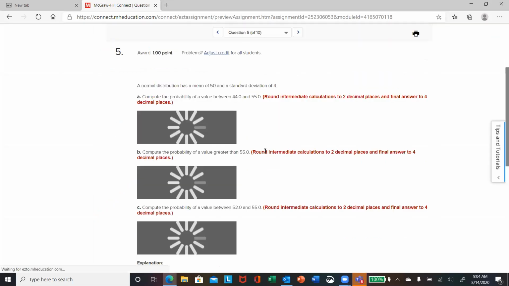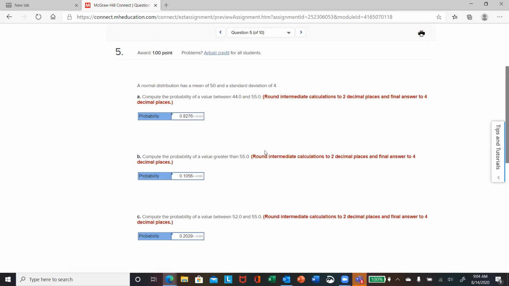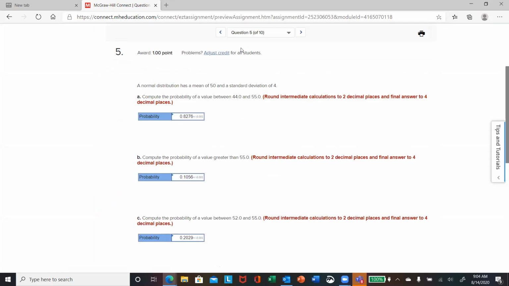Let's check out number 5. Again, we're just practicing the curve. So in number 5, it says we've got a mean of 50 and a standard deviation of 4. And the first one we want to go between 44 and 55. So again, you know what to do. Let me draw my visual here.